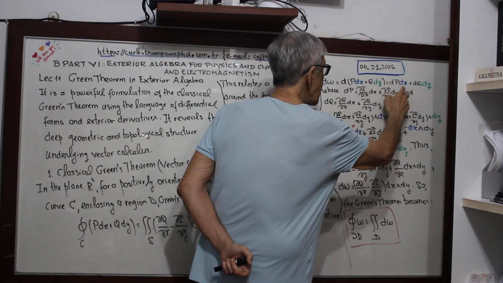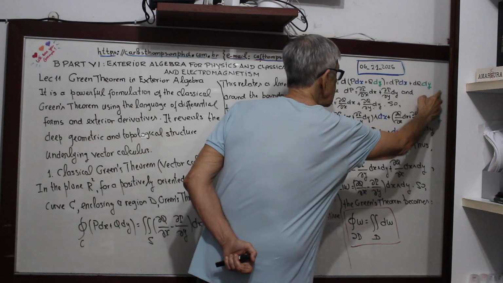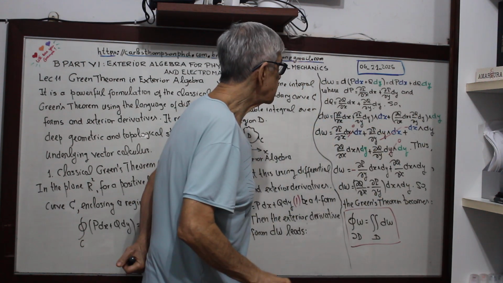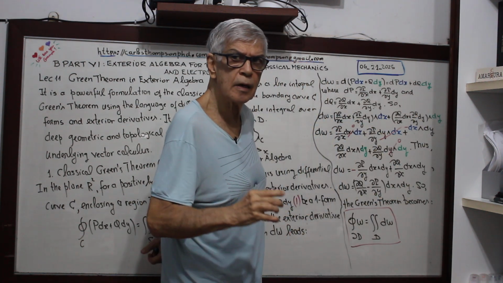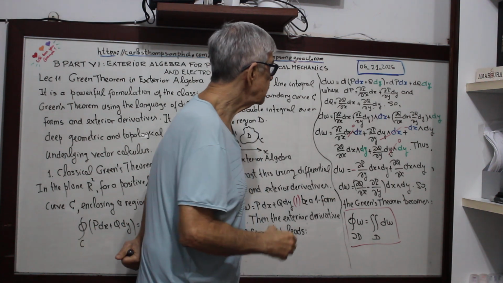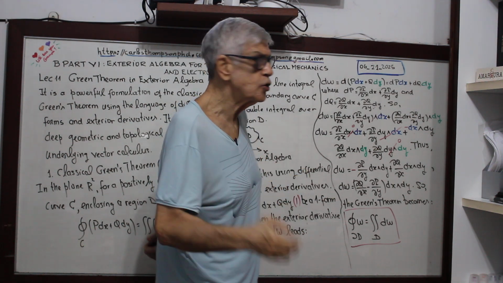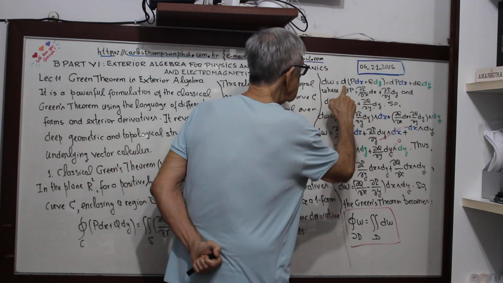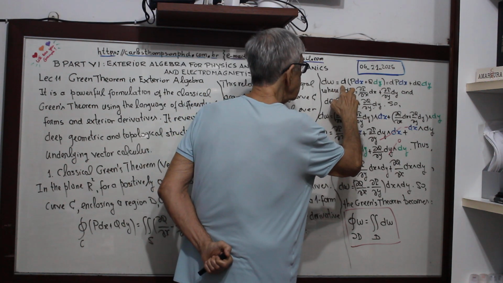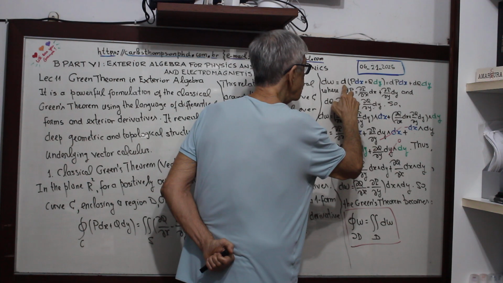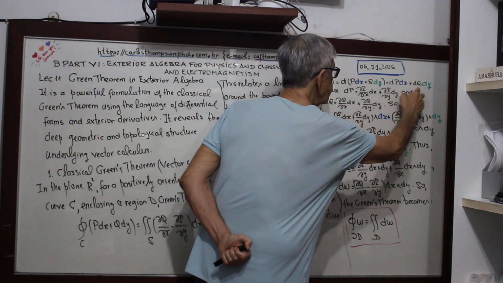Now it's dP wedge dx plus dQ wedge dy. Remember that dx and dy are constant, they don't vary with the location. So that's why this differential acts on P and this differential acts on Q.